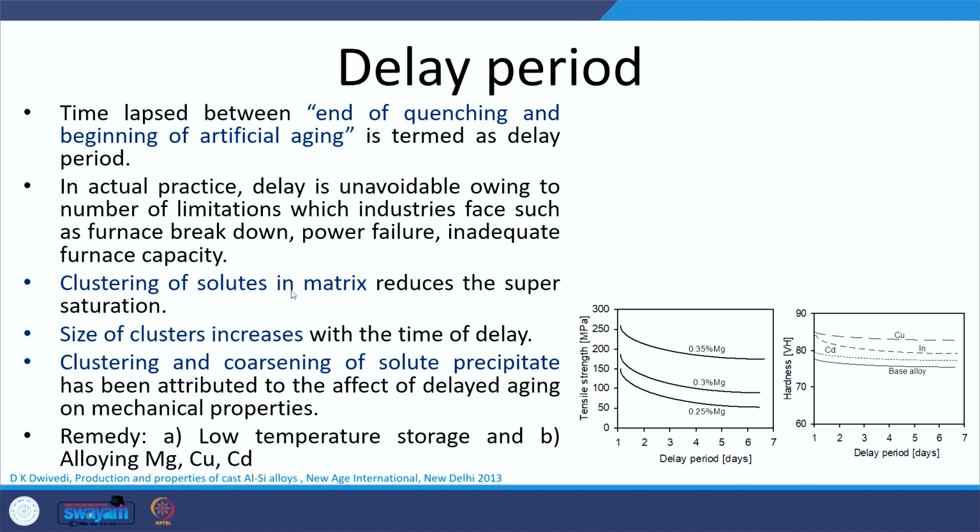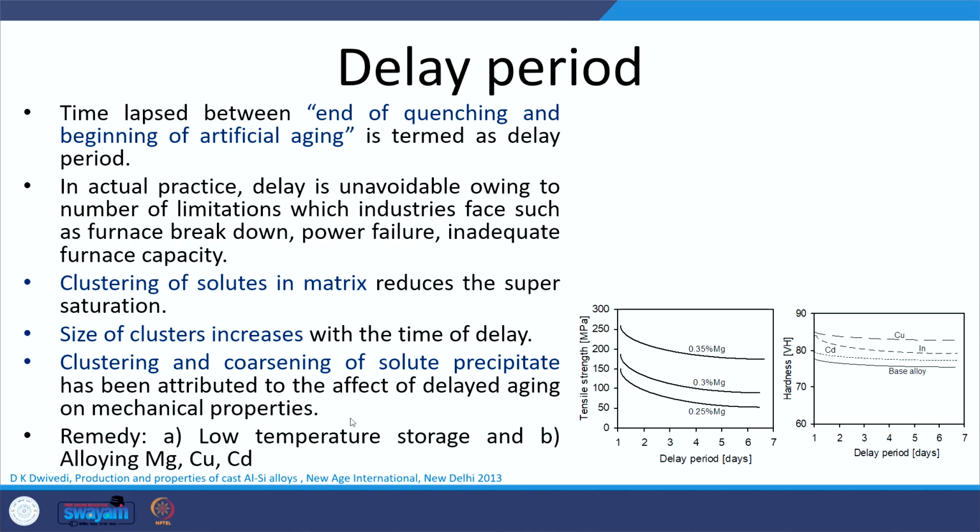When there is a delay, it leads to cluster formation of the solute in the matrix, which reduces the supersaturation, and that in turn adversely affects the amount and size of the precipitates that will be formed. The size of the clusters increases with the delay time.